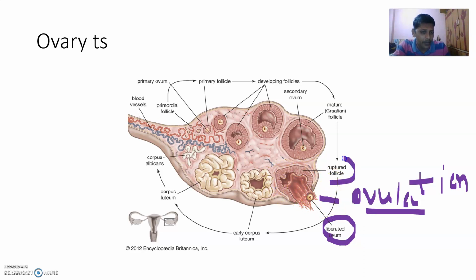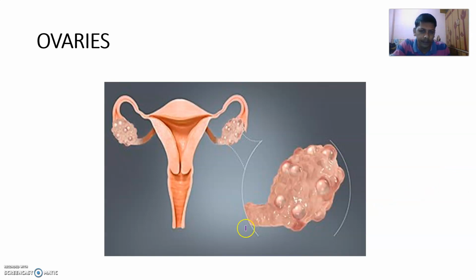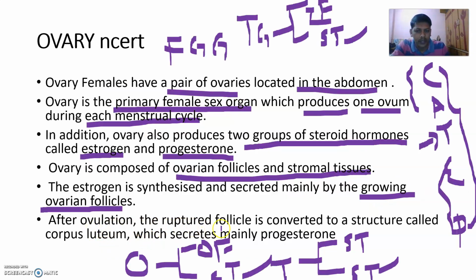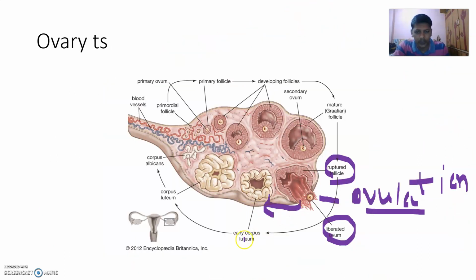After ovulation, the ruptured follicle is converted to a structure called corpus luteum. Corpus means body, luteum means yellow, so yellow body. The cells of the corpus luteum produce lutein, a substance, and the corpus luteum mainly secretes progesterone.